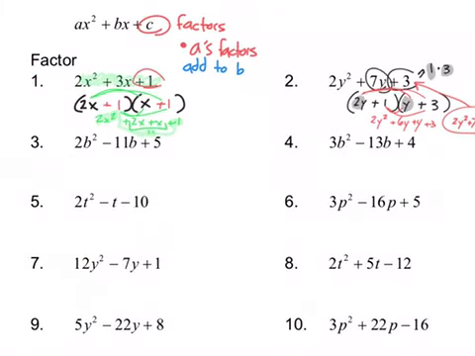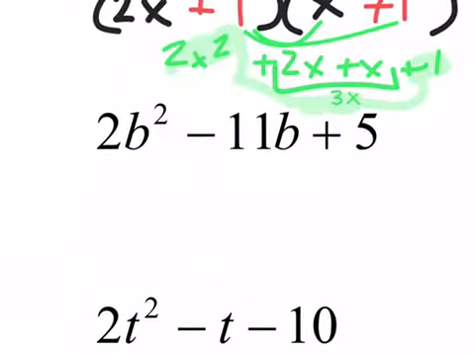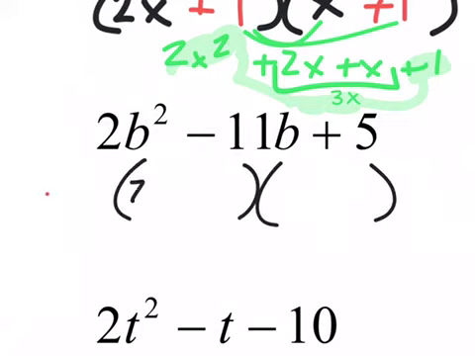So then as you get more and more comfortable with these, you'll start to be able to interact with the various positives and negatives here. So for example, on this one, I know I'm going to have a 2b and a b. Now when I see this positive 5, I know to get positive 5 through multiplication, these are either going to have to be double positive or double negative.